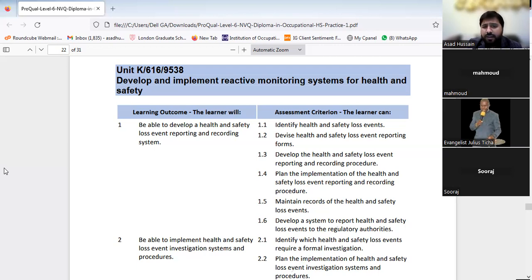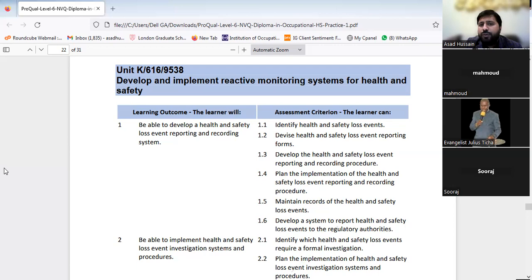Now 1.6, develop a system to report health and safety loss events to the regulatory authorities. So the things we have discussed from 1.1 to 1.5 assessment criteria are related to the internal systems.